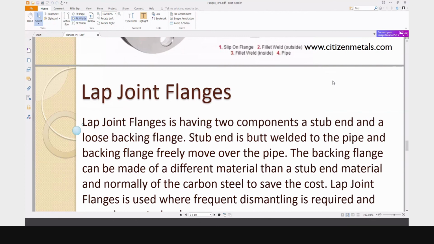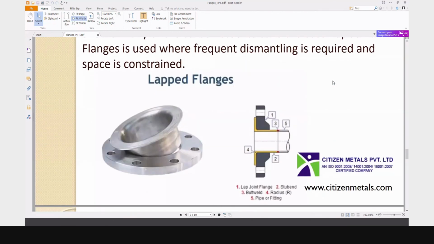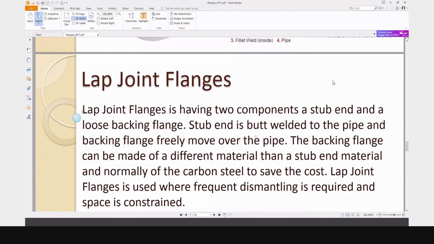Next is the lap joint flange. You see, this is the lap joint. This portion is marked here as yellow, and with this portion the pipe is fitted by welding, and this type is known as the lap joint flange.